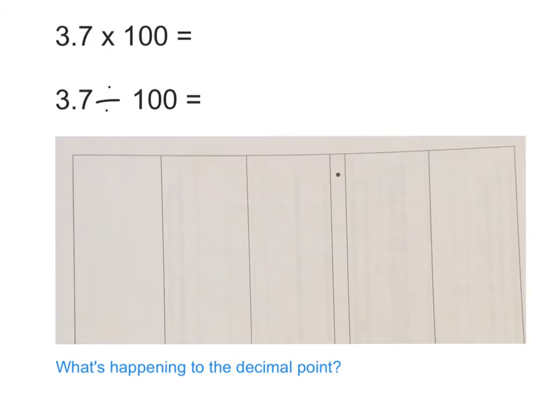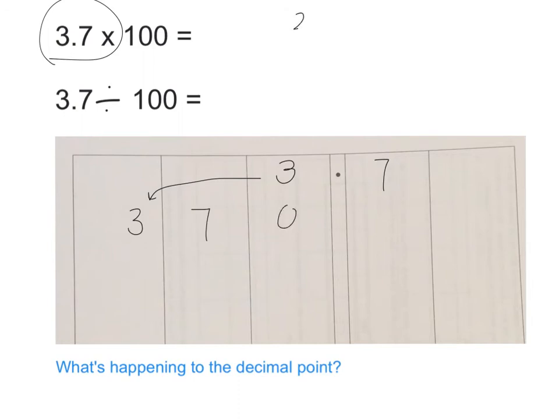If I have 3, what place value is my original 3 in? In the ones. And my 7 is in the tenths, right? If I'm going to multiply that by 100, how do I have to shift the digits? 2 places to the left. So now I have 370.